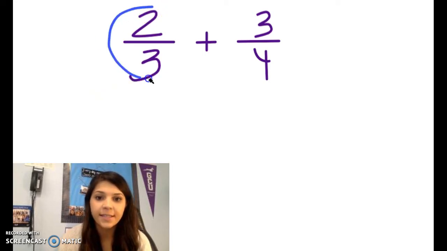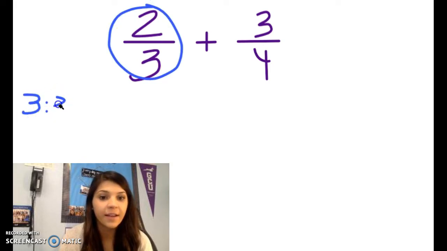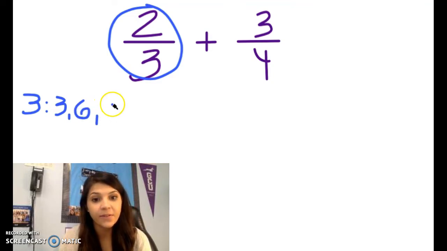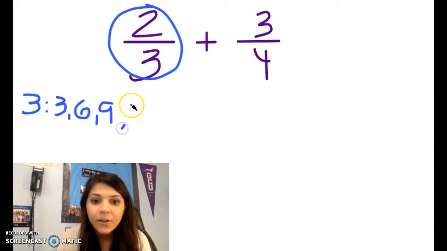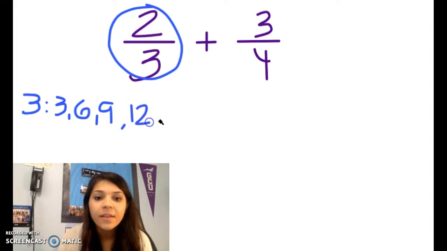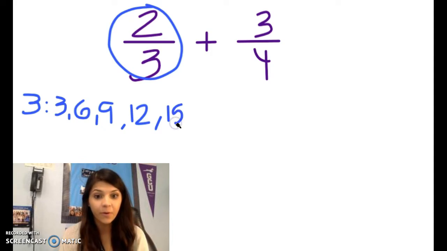So I'm just going to focus on this guy right here. I'm going to write out all the multiples for the number 3, okay? So I know I have 3, because 3 times 1 is 3, 3 times 2 is 6, 3 times 3 is 9, 3 times 4 is 12, 3 times 5 is 15, and I'm going to stop right there, okay?